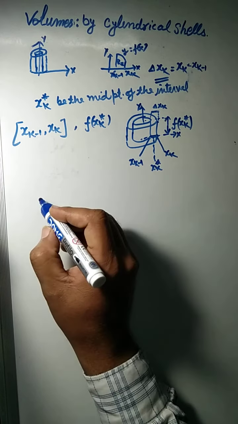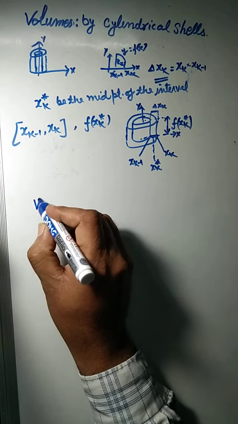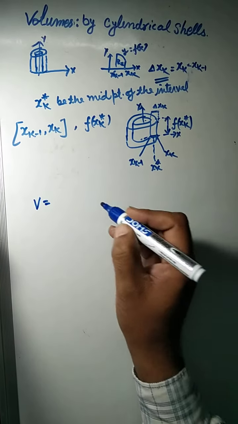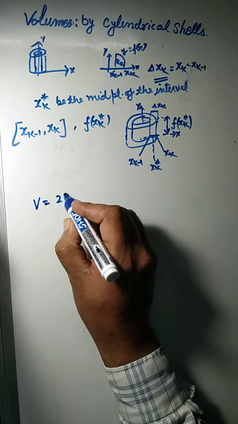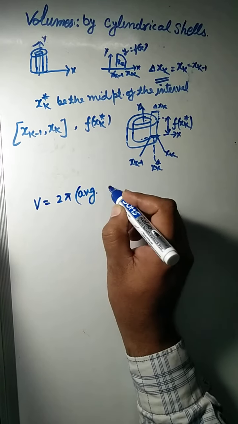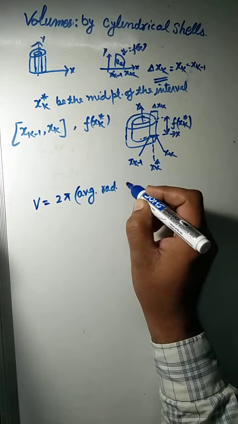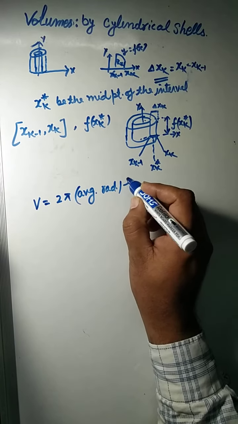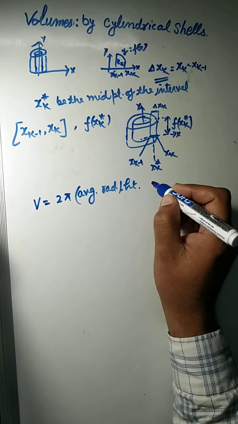Therefore, the volume V equals 2 pi times average radius times height times thickness.